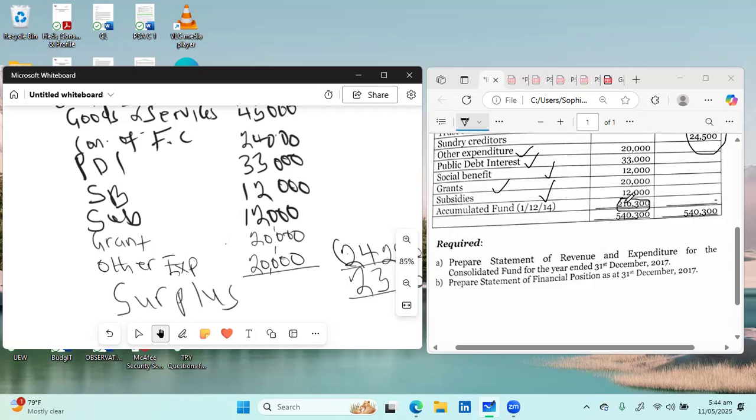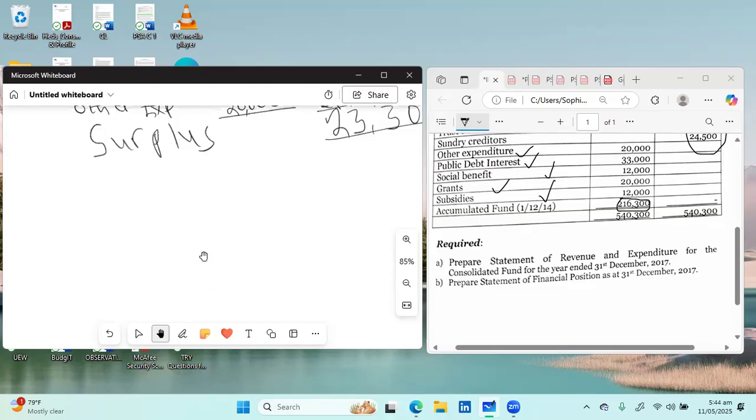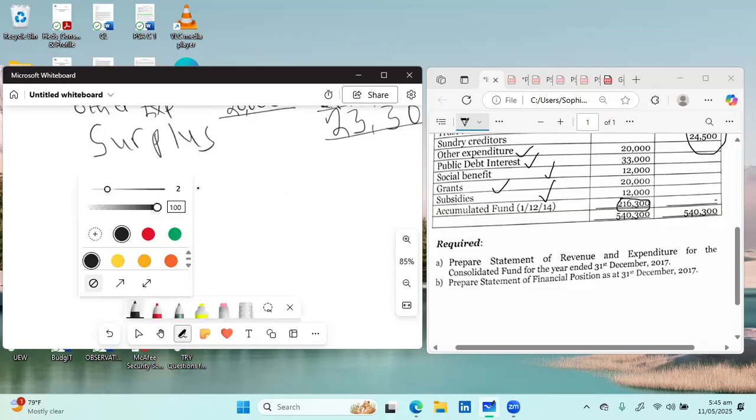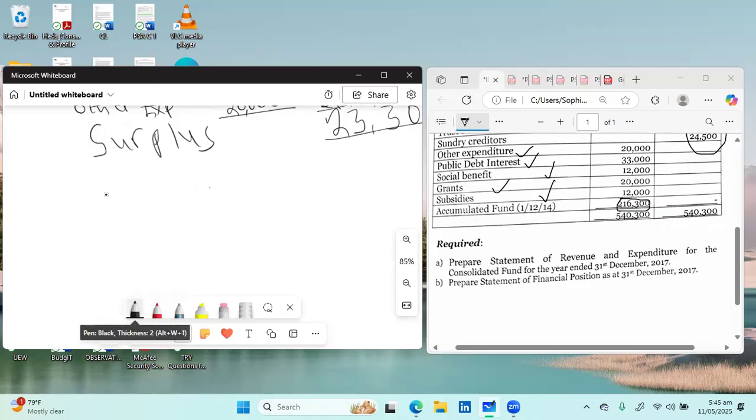Yes. So we are going to open a surplus account. This surplus account is an account we are going to use to handle the equity of that central government before we take it to the balance sheet.